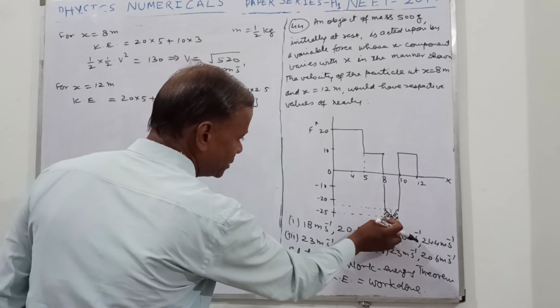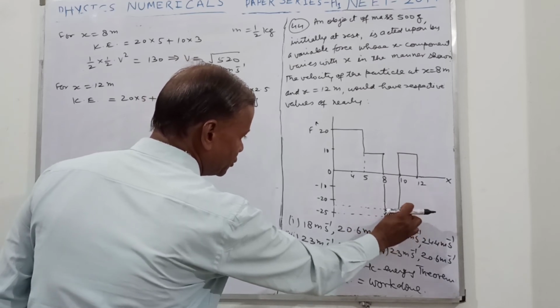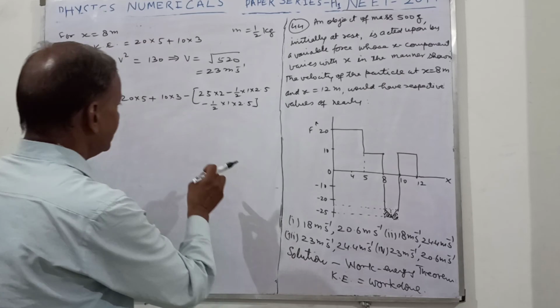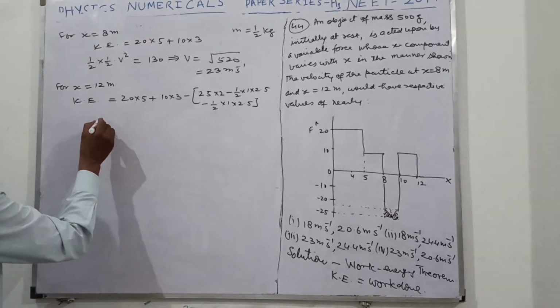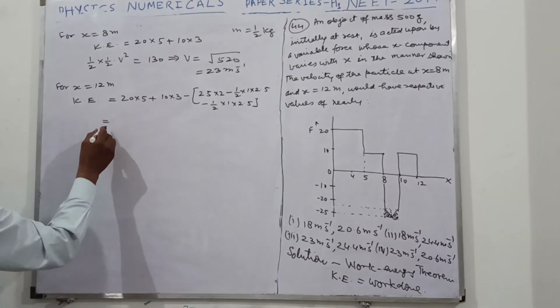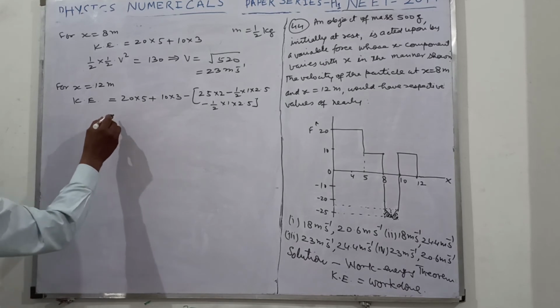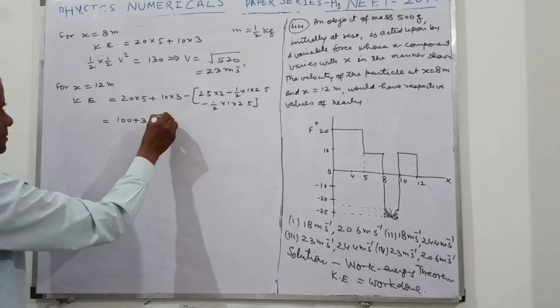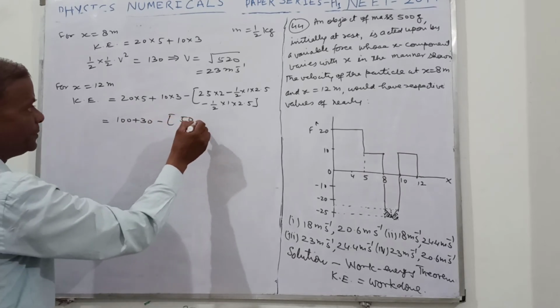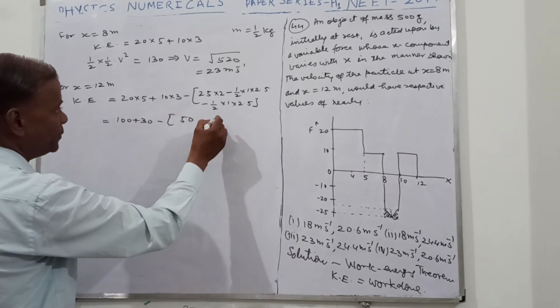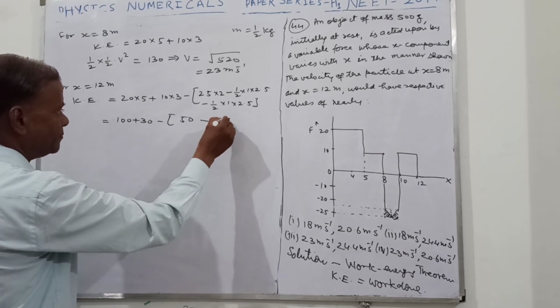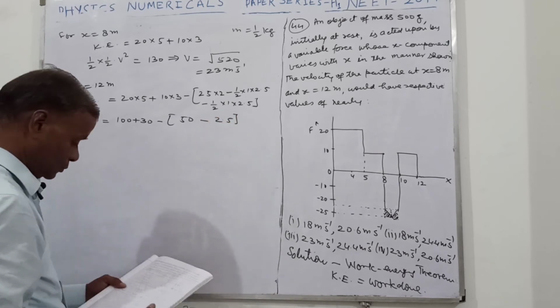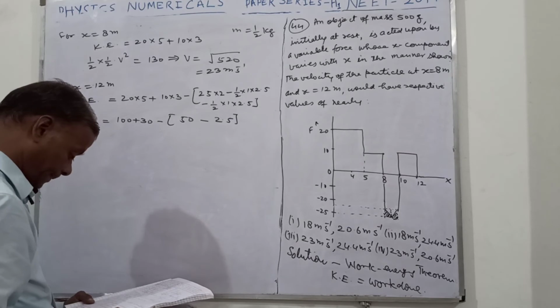This so much is 1. This is equal to 1. This is your 2.5. So this is equal to your 100 plus 30 minus this is now your 50 minus this is your 2.5. So much is 2.5.